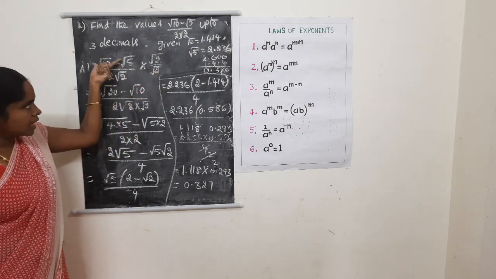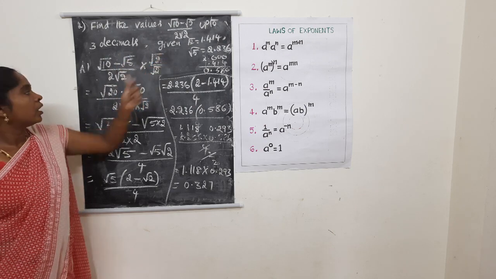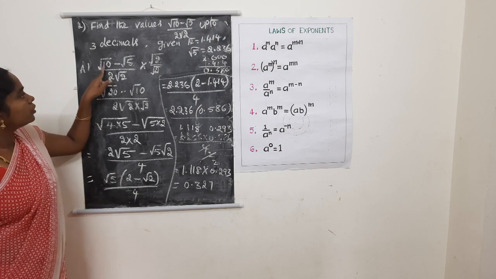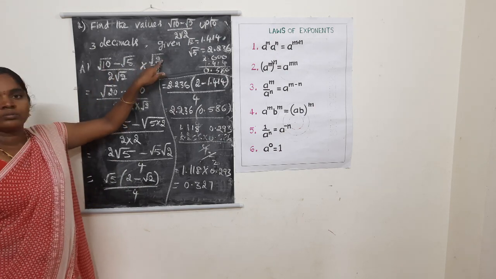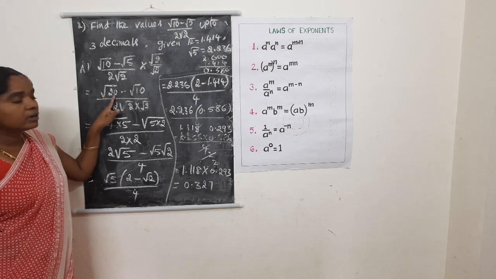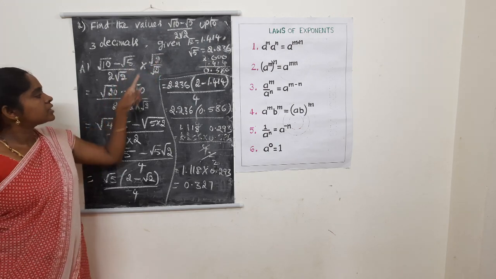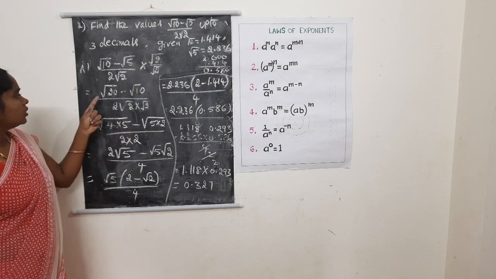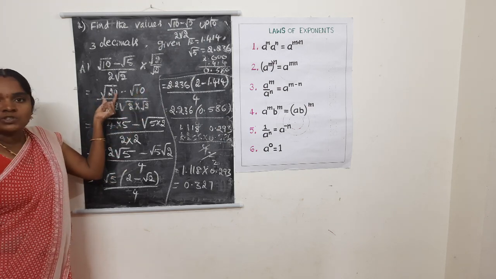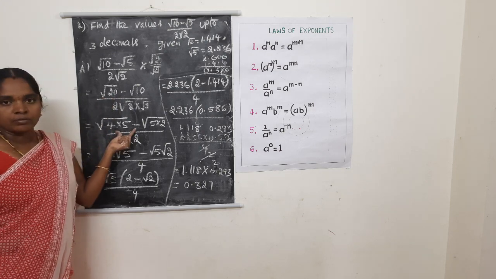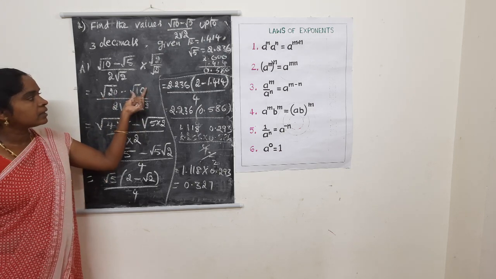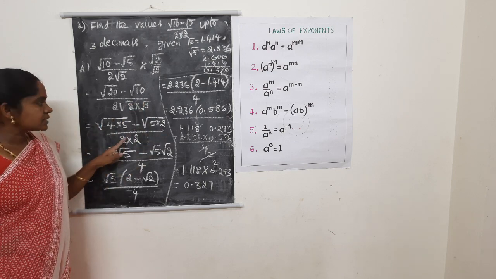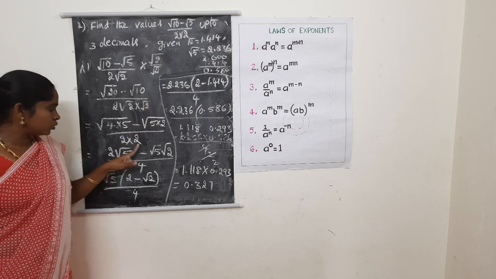Students, observe these two numbers and the denominators. Root 10 into root 2 is square root of 20, minus root 5 into root 2 is root 10, by 2 root 2 into root 2. I will write this 20 as 4 into 5, and 10 as 5 into 2, by 2 as it is into square root 2 into square root 2.